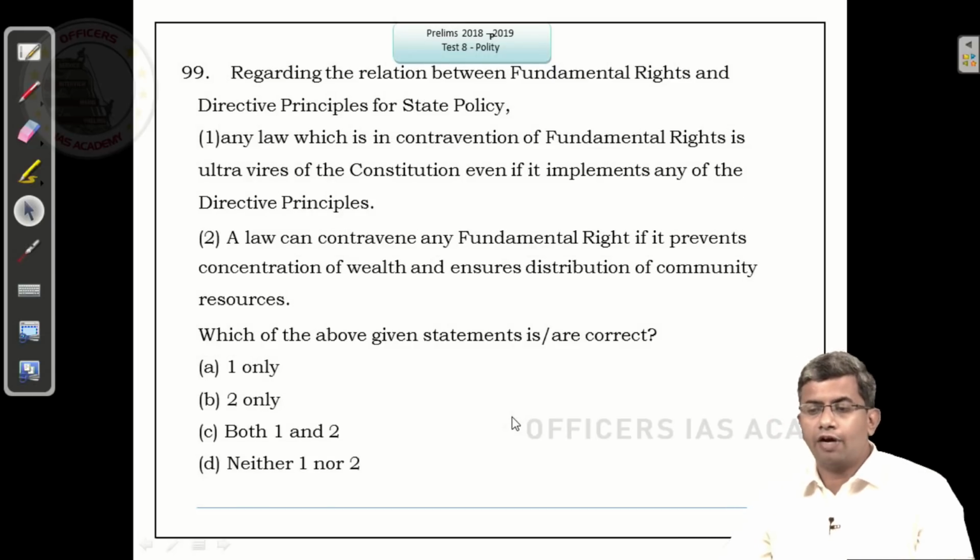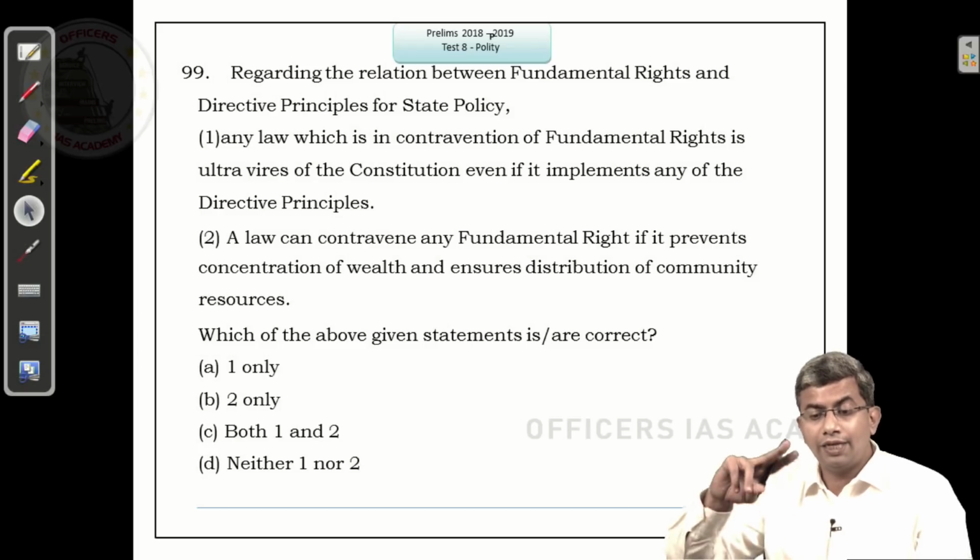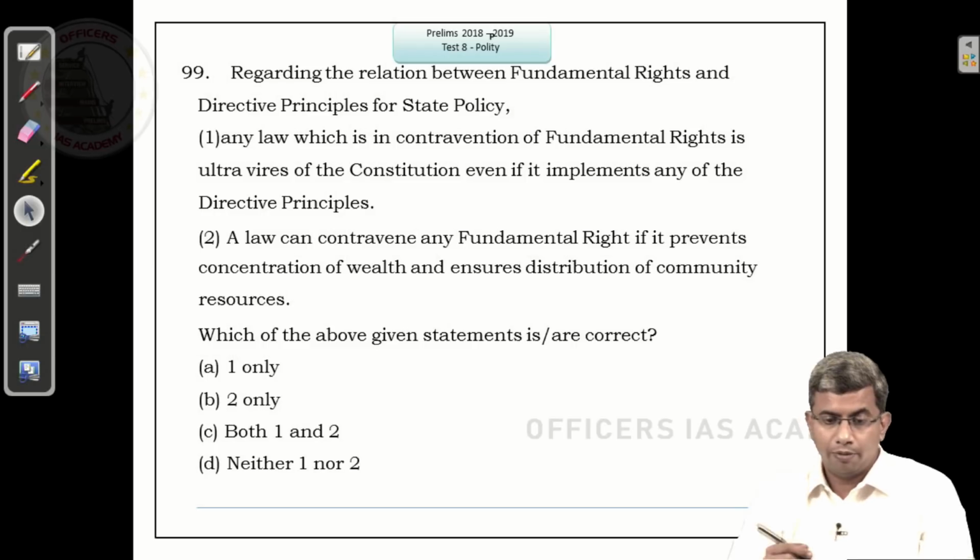Regarding the relation between fundamental rights and directive principles of state policy, now this is a very interesting question. Let's see how many of you got it right. Any law which is in contravention of fundamental rights is ultra vires of the Constitution, even if it implements any of the directive principles. Remember Article 31C?